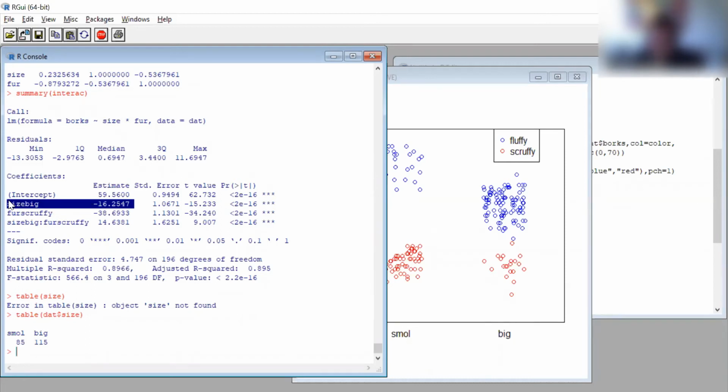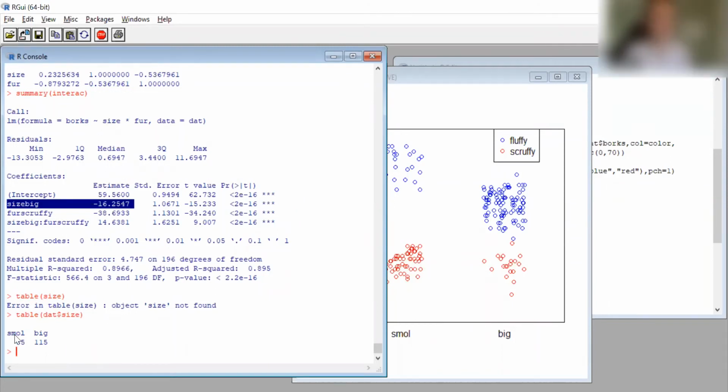Yeah, that's exactly right. It's a simple effect of size at the comparison category for fur. So big dogs on average are barking 16 fewer times than the small dogs when they have fluffy fur. Or you could say the big fluffy dogs are barking 16 fewer times than the small fluffy dogs are.